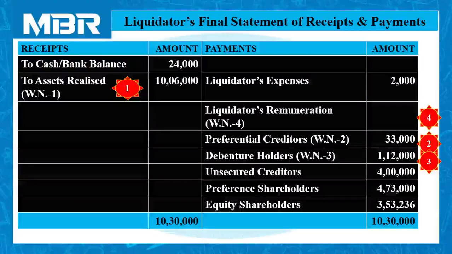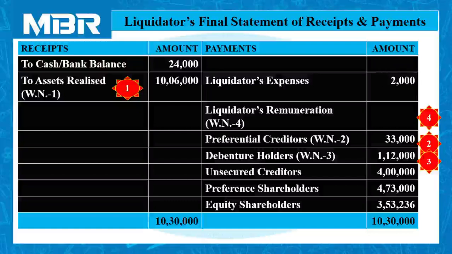So we have to start payment to the different stakeholders from the liquidator's expenses. First and foremost, payment to the liquidator of the company, and the amount paid to the liquidator is rupees 2,000.